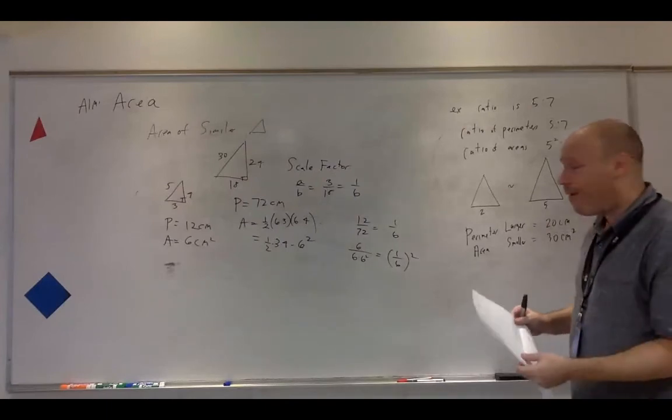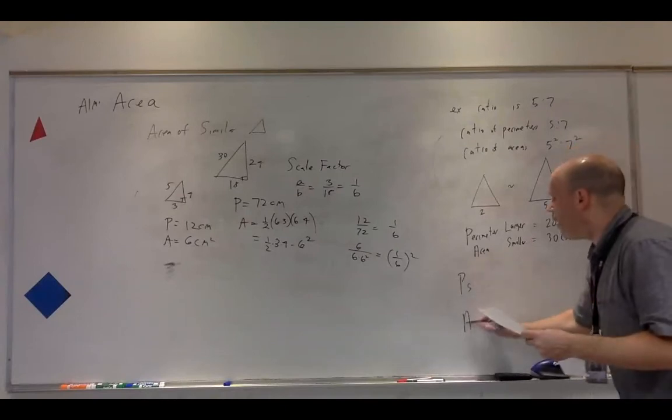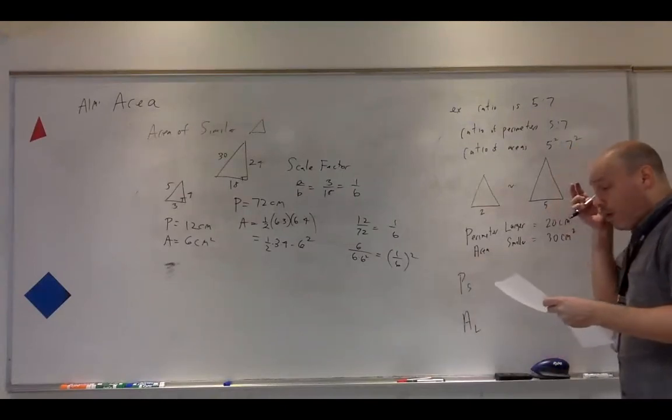And what you're asked to do is find the perimeter of the smaller and find the area of the larger.